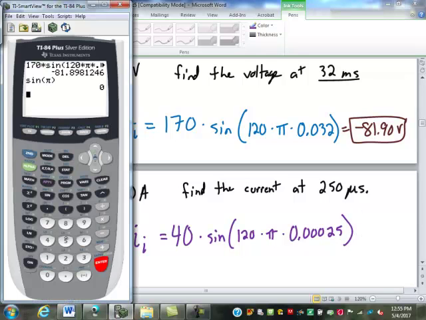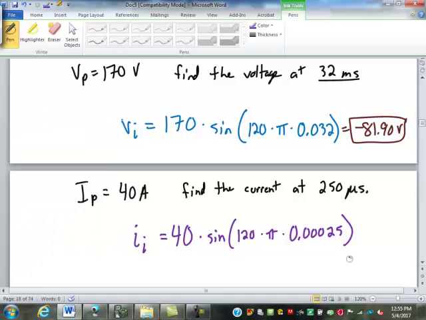Perfect. So 40 times sine 120 times pi times 0.00025. 3.76 amps.